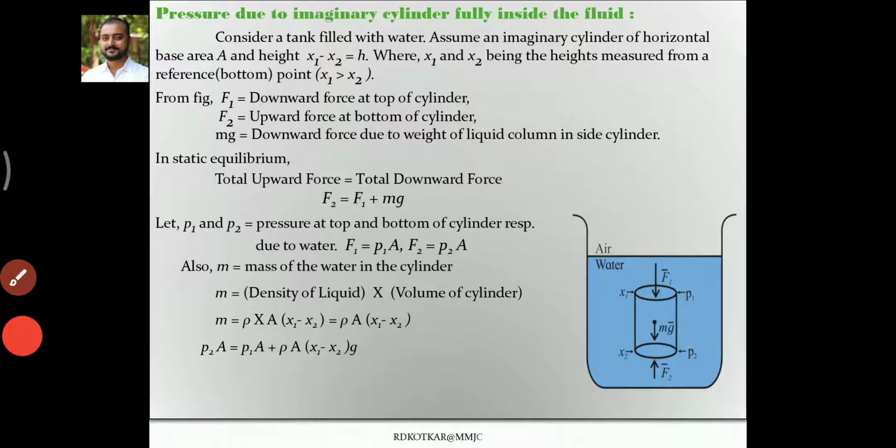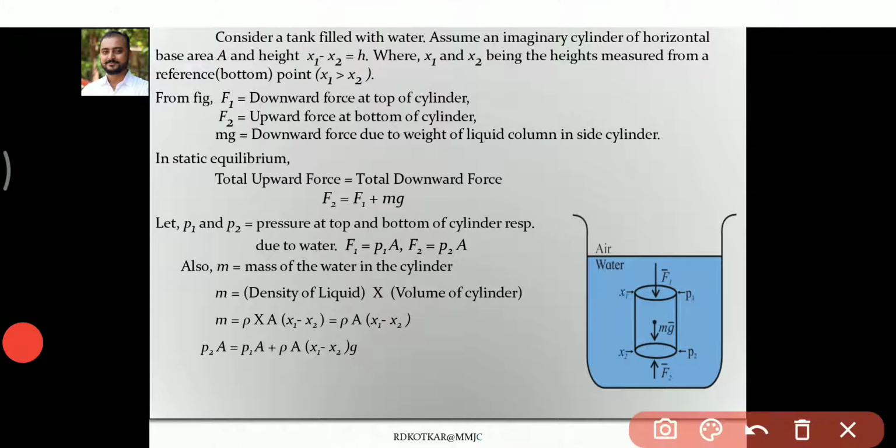Therefore, by substituting all the values in the relation F1 equals P1 into A, from this relation as well as from the earlier one, we get F2 equals F1 plus mg. Instead of that we now have P2 into A equals P1 into A plus rho into A into (x1 minus x2) into g.